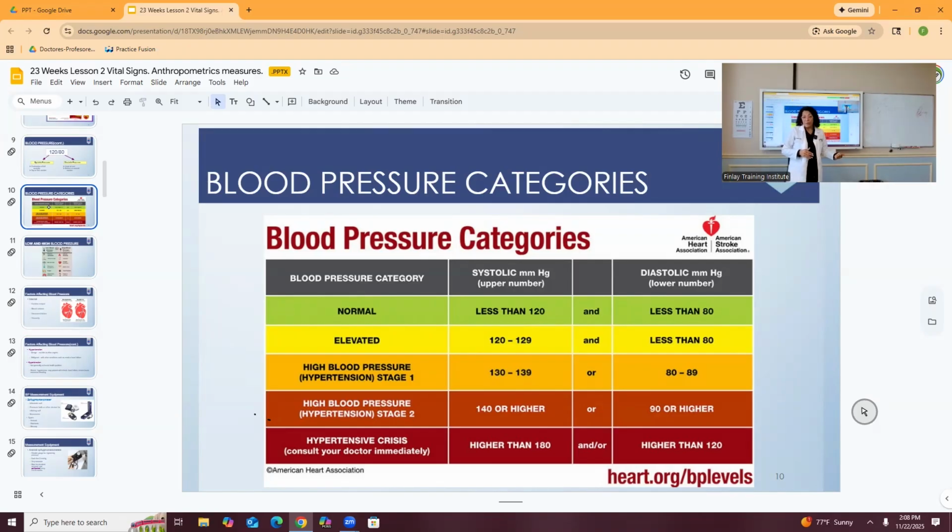Has this patient been feeling bad? Is this patient presenting any symptom, headaches, blurred vision, feeling dizzy, lightheaded, chest pain, anything that's going to give us the idea that yes, this patient is in hypertension stage 1.